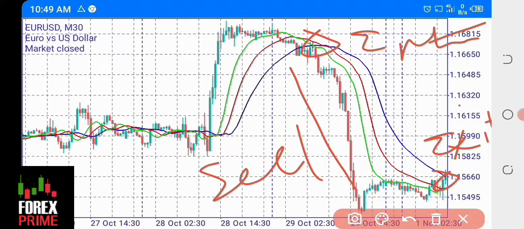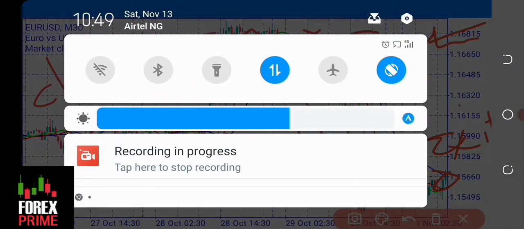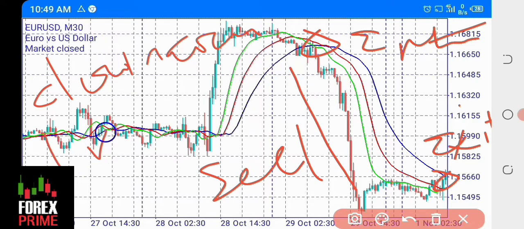Now, in this case, the market is on a downward trend. So you take a sell into the market. Okay? Take a sell into the market.